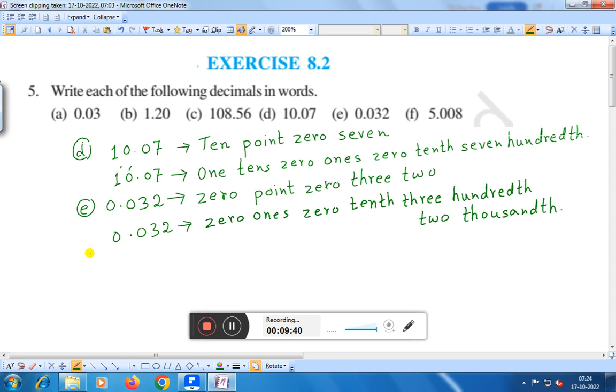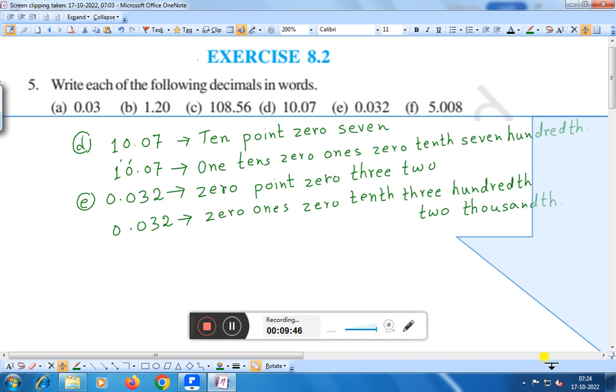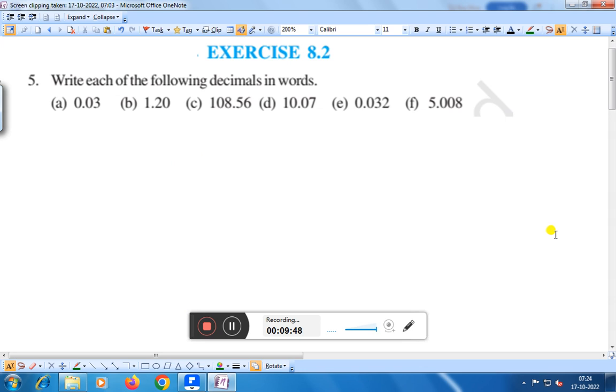Now question number F. We write question number F in two methods also, that is 5.008.